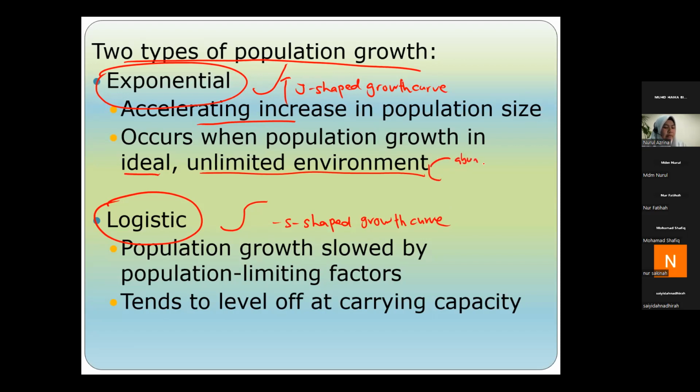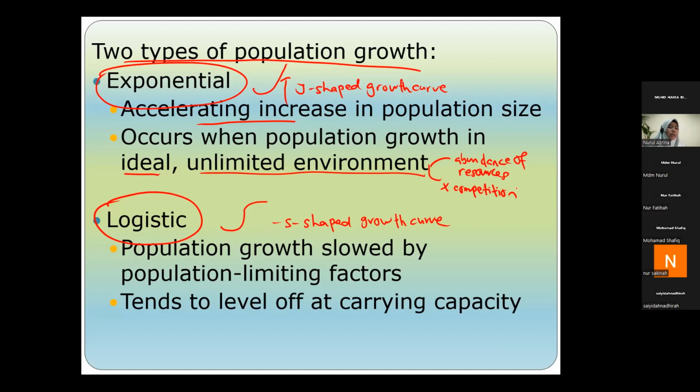Abundance of resources, and no competition. Itu maksud a kind of environment that is ideal, right? That is optimum, or unlimited. So this refers to an environment that has abundance of resources and no competition at all. So the population will grow exponentially.